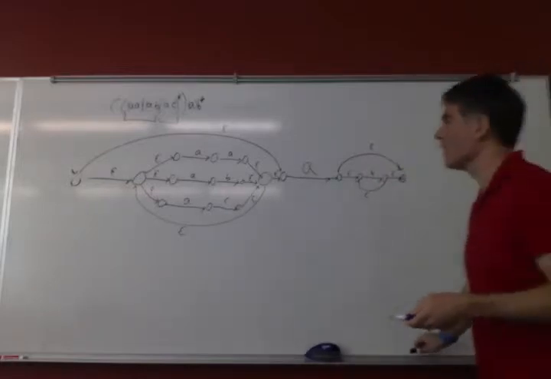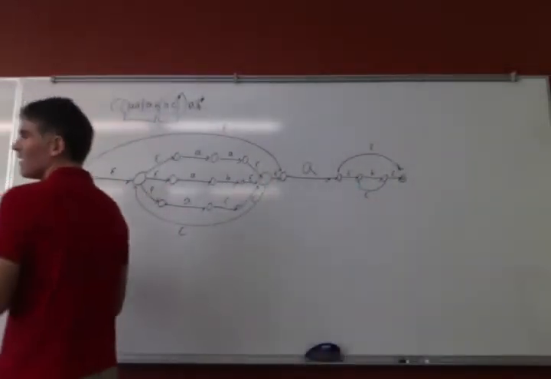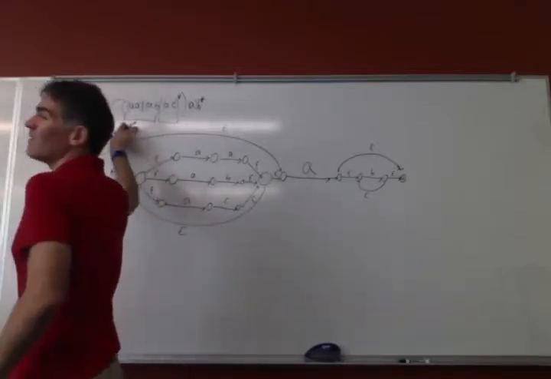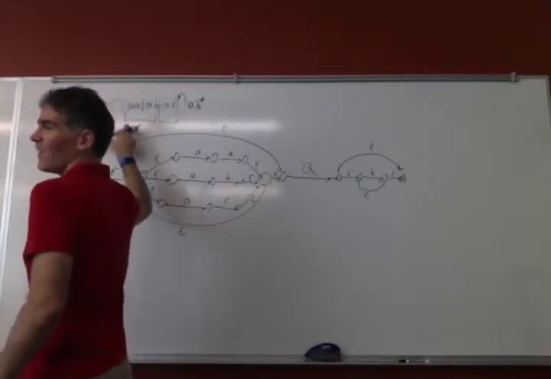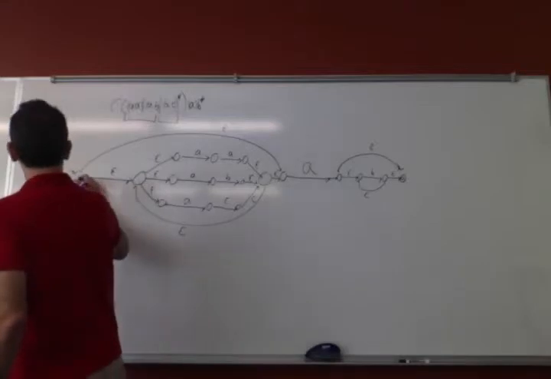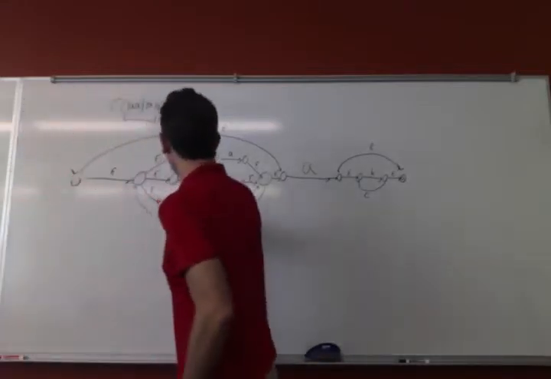Alright, now let's number them, because now we have to turn it into a DFA. Told you I hate you guys. I'm doing this on the board. Guess what level of complexity of question I'm going to ask you on the test? One that I did on the board, or one that I didn't do on the board? 0, 1, 2, 3, 4.